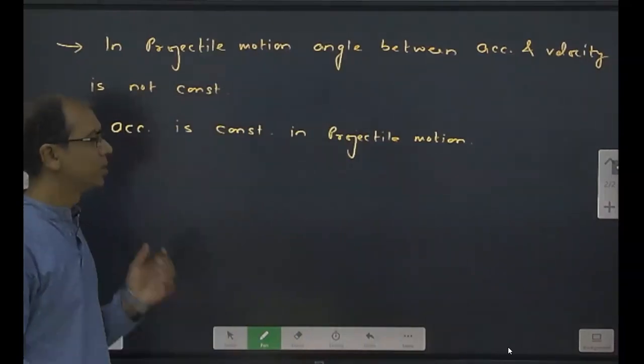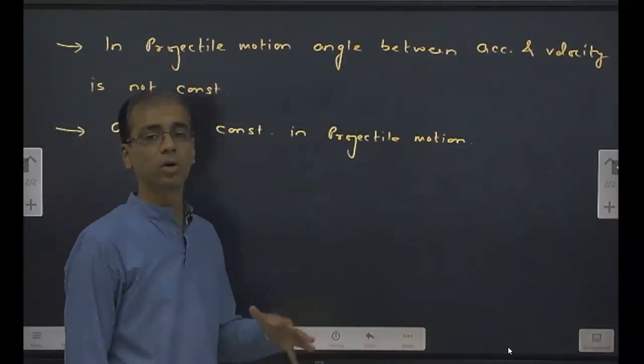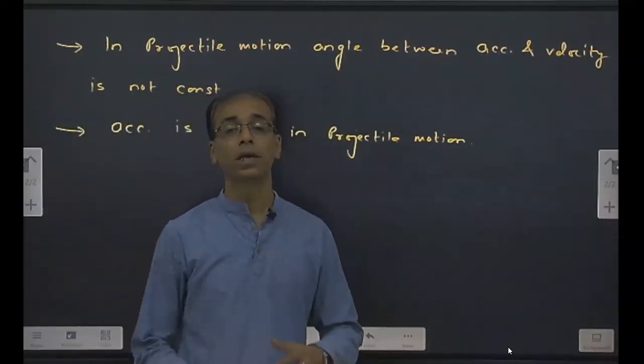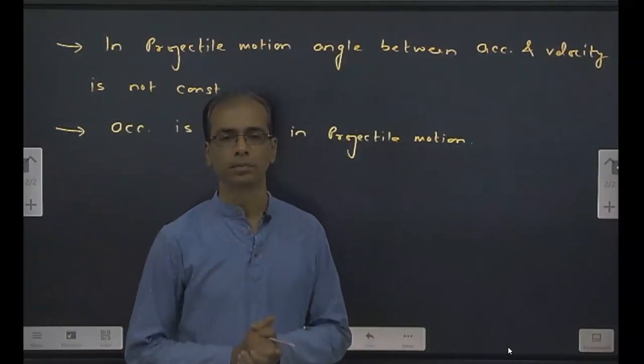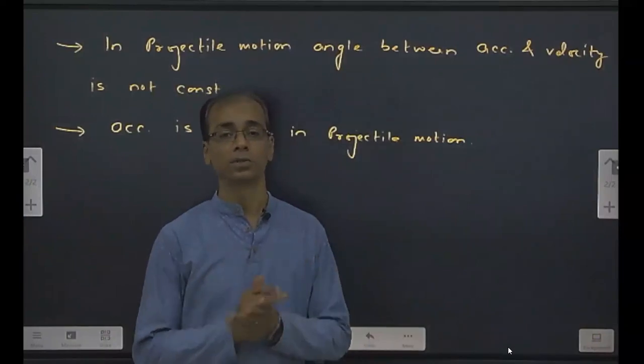Based on this information, I'll give you one more piece of information. If acceleration is constant, what types of motion are possible? Acceleration constant means magnitude as well as direction is constant.